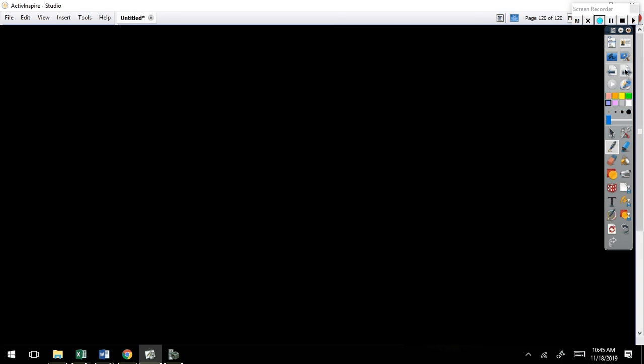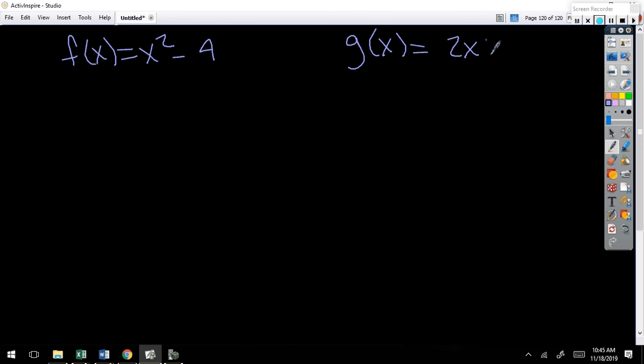Let's take these same two. What if I asked you to find g of g of x? I'll make this one easy. Well, you're not multiplying them. You plug in 2x plus 1 for x.